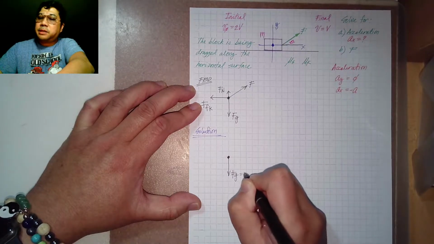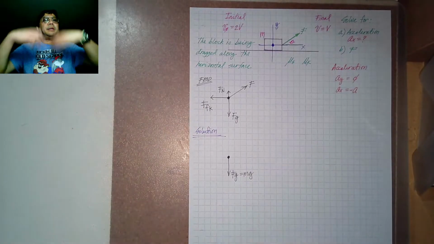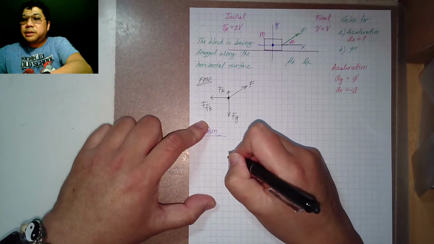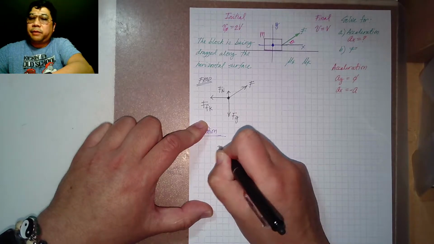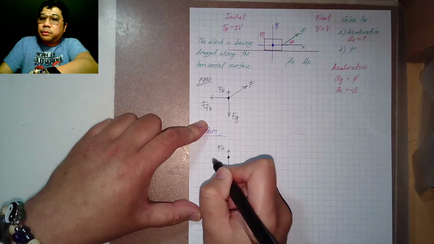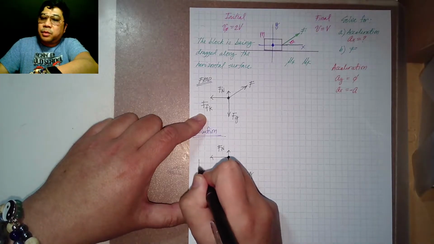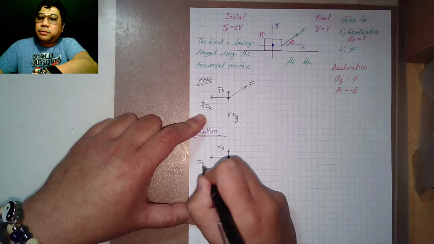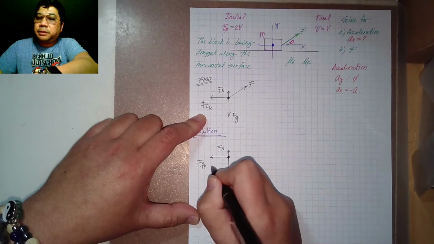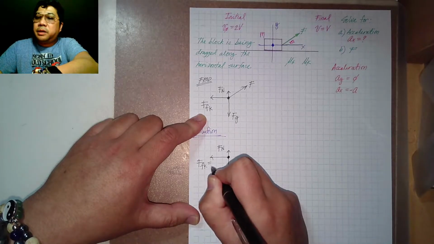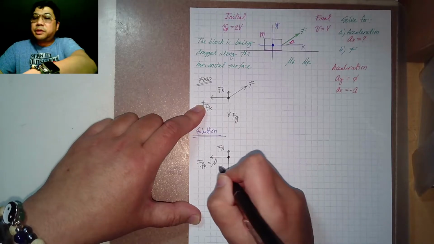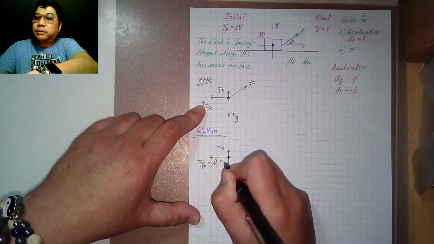Fg is mass times g. Then there is the normal force that is acting upward, Fn. And then we have our force of friction, or force of kinetic friction, and that is your coefficient of kinetic friction multiplied by the normal force.